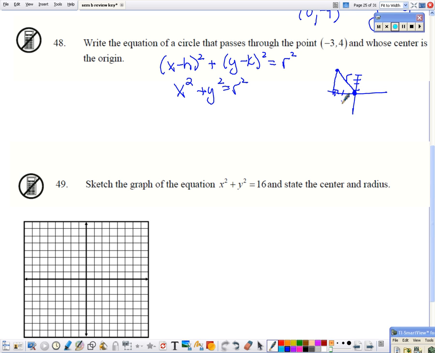I have a nice little triangle here, over 3 and up 4. So using the Pythagorean theorem, we get 5 is the radius, or 25 is r squared. So x squared plus y squared equals 25.